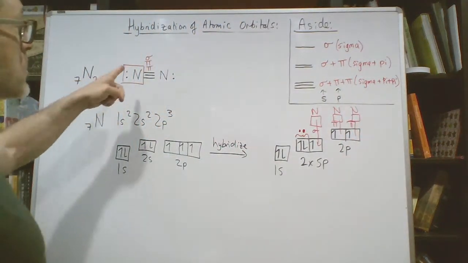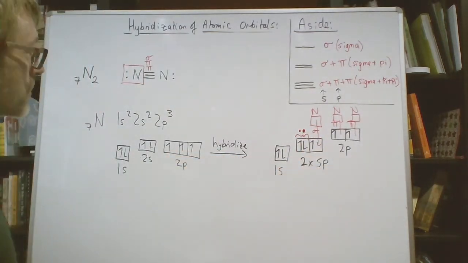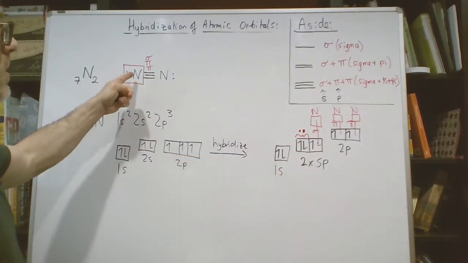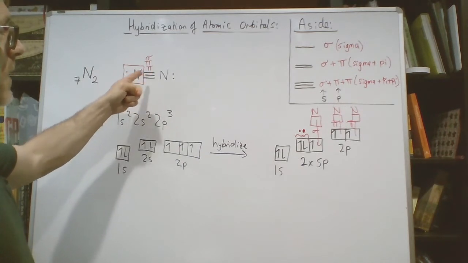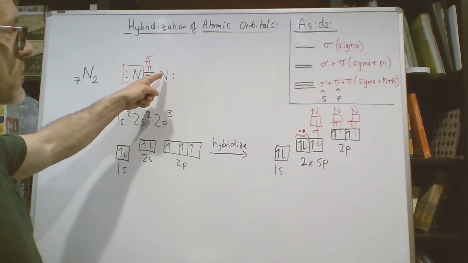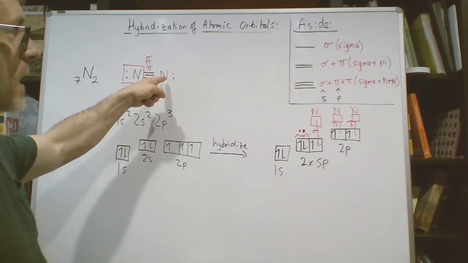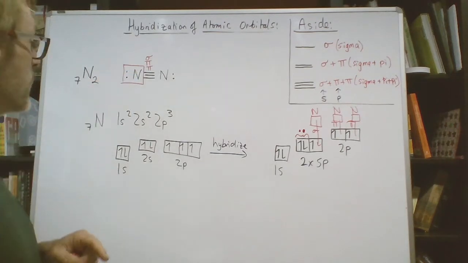So here the nitrogen, and I'd have to do exactly the same type of hybridization for the other nitrogen, because remember, in effect, I have two central atoms here. This is the central atom, and that's the non-central atom with respect to this atom, and then vice versa. I could say this is the central atom with respect to this one.